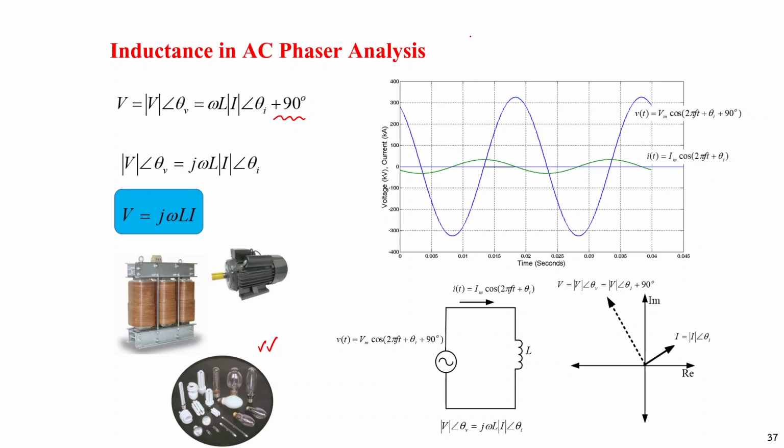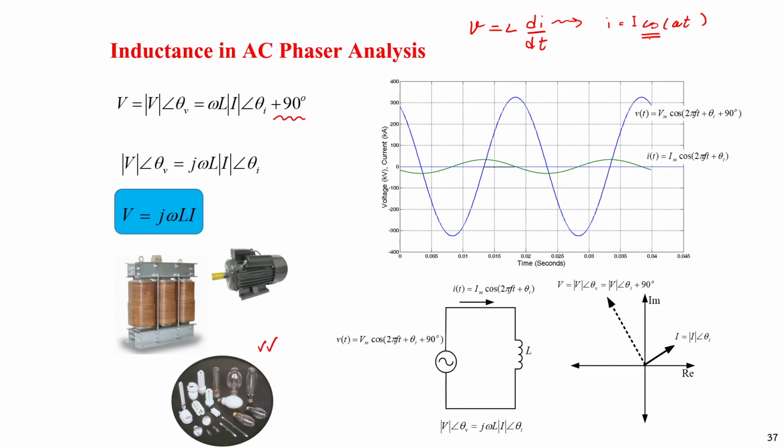V equals L dI by dt, right? If I is in cosine form, for example, I cos omega t, right?